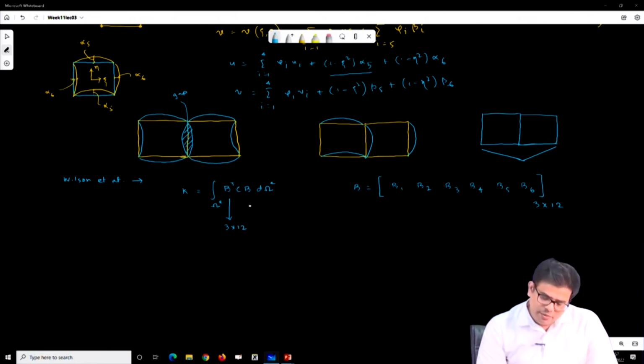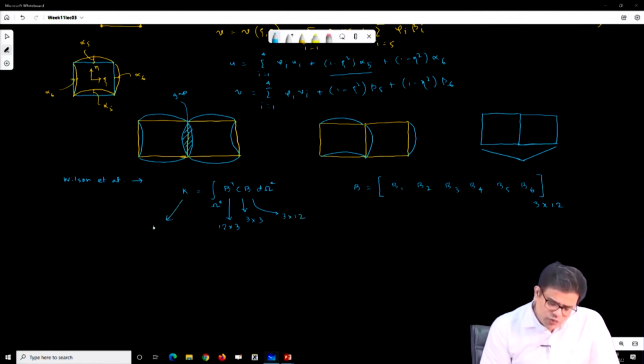So this is my 3 cross 12 matrix, and naturally its transpose will be 12 cross 3. So if I write 12 cross 3, this is my 12 cross 3 matrix, this is again my 3 cross 3 matrix, and this is my 3 cross 12 matrix. So finally this stiffness matrix will be a 12 cross 12 matrix.